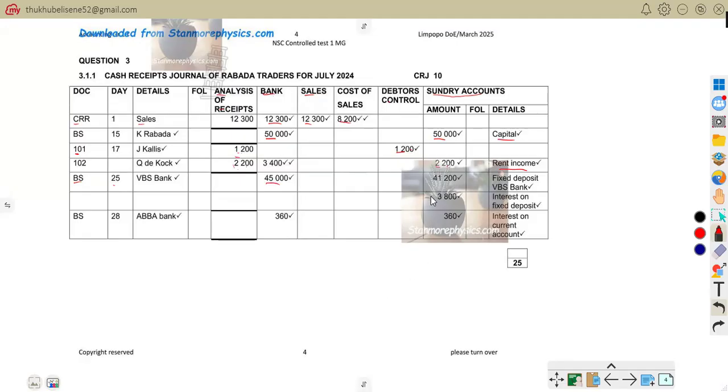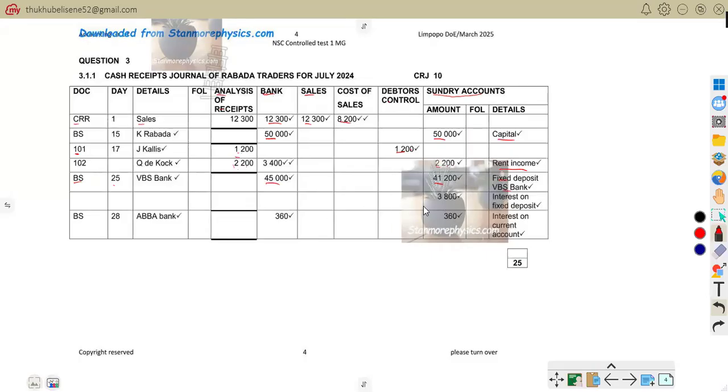But now we don't have the fixed deposit column, where we have said that the capital portion, which is 41,200, which is this one, now we are saying it goes into a sundry account. The amount is 41,200 and it was for fixed deposit after we've subtracted the interest that was included.